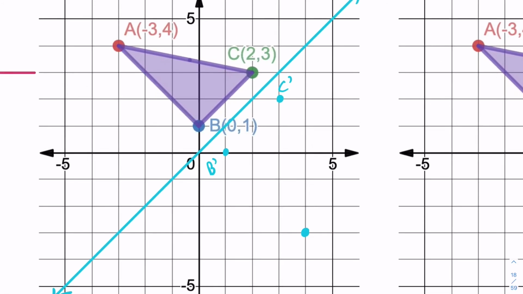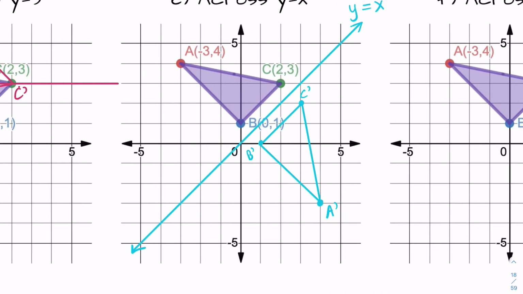That diagonal gets us there. Okay? And this is A prime. So what I just did was make a reflection across the line y equals x, which was actually pretty easy to do once I got more comfortable with the hang of it. So there's your A prime, B prime, C prime.